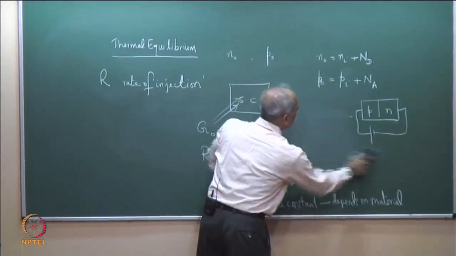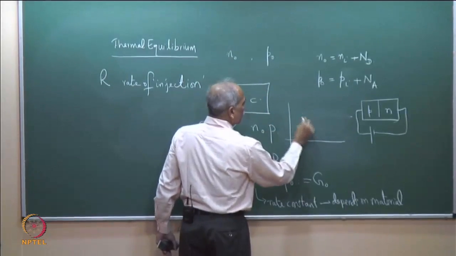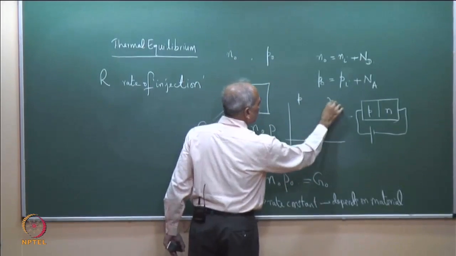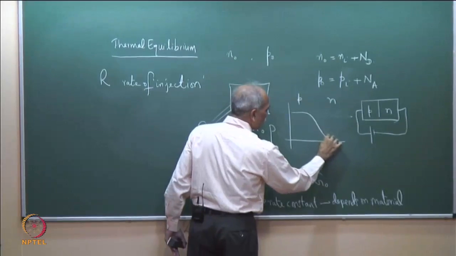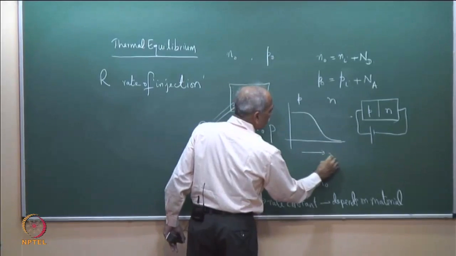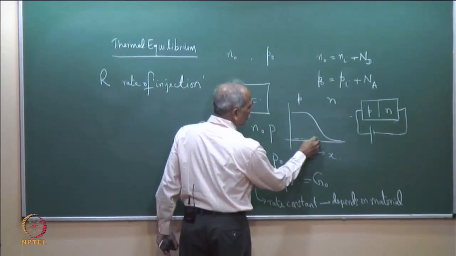So, if you plot the p and n concentration, so this is p side and this is n side. So, p concentration varies like this and drops down as you go across the junction, and this is the electron concentration.